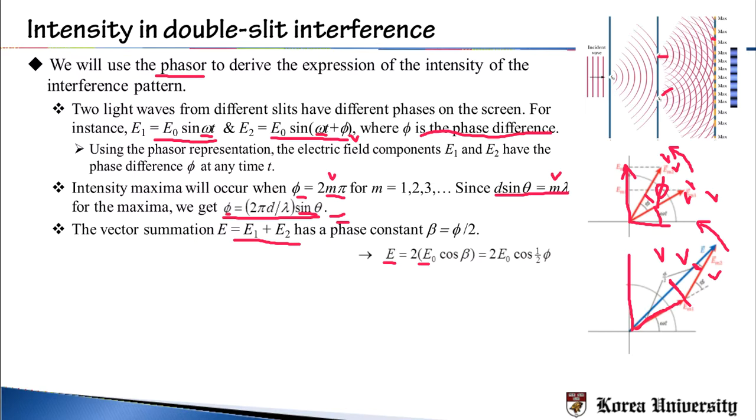This angle is actually beta, and this is half of the phi. Finally we can write that the total length of this phasor will be twice E0 multiplied by cosine of half of the phase angle. Okay, so do you get that?